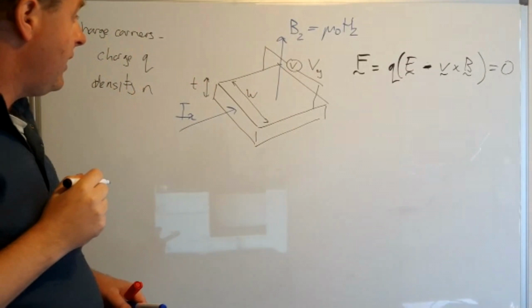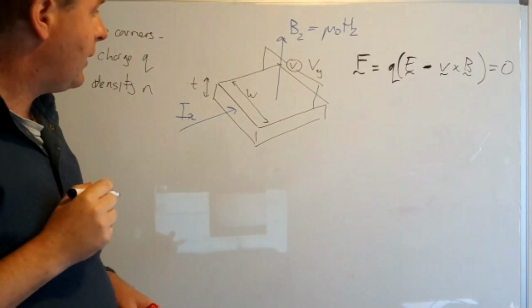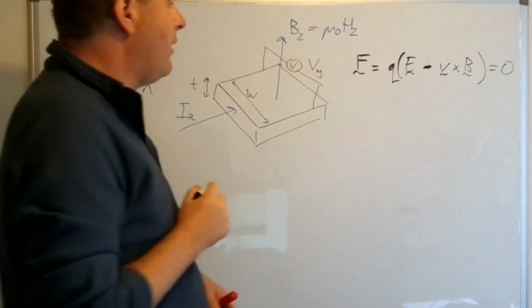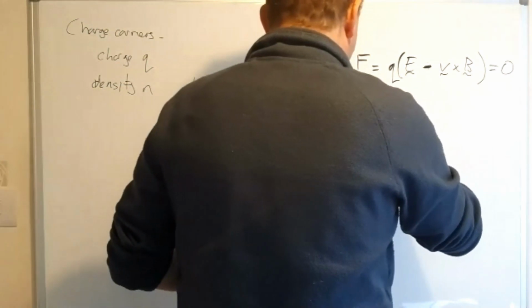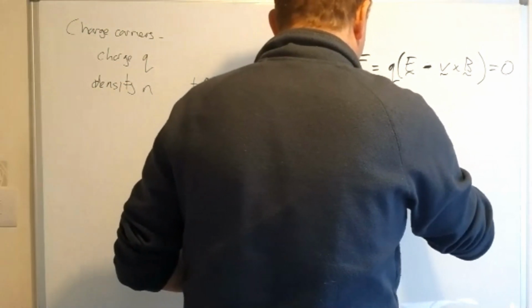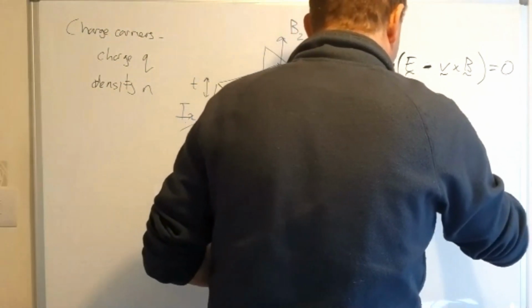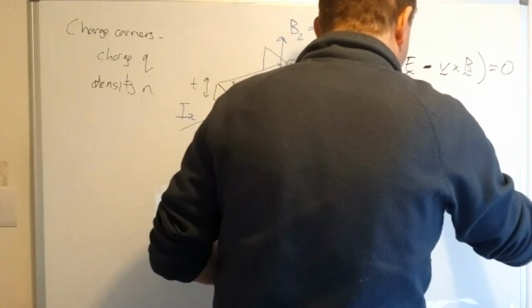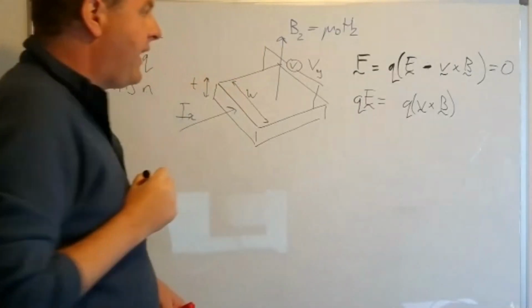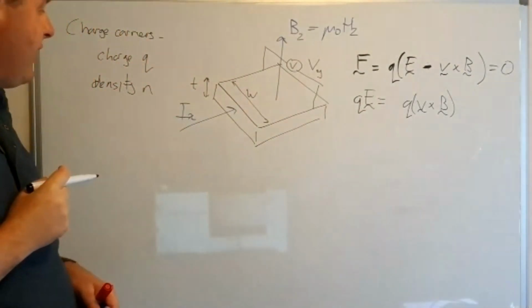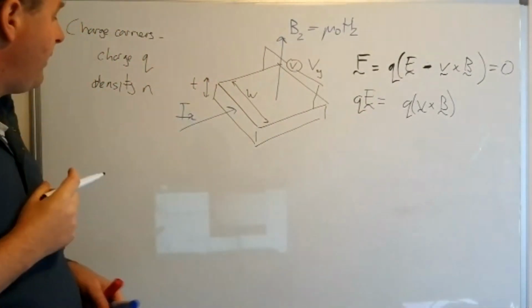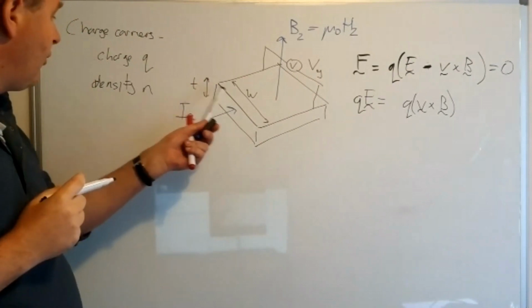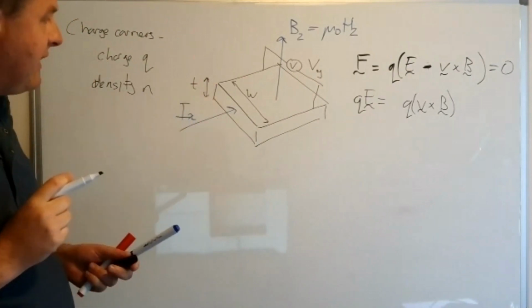Okay, so we can go on a bit further with this. We're going to end up with something that looks like that, but we need to know what the velocity of our charge carriers is. So now we remember that we've got the current, the cross-sectional area, a density, and a charge.